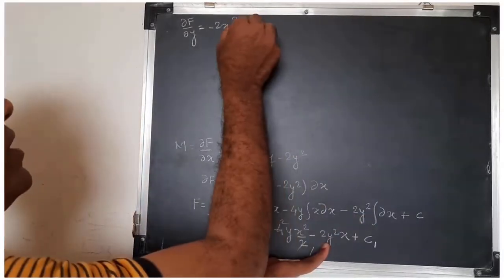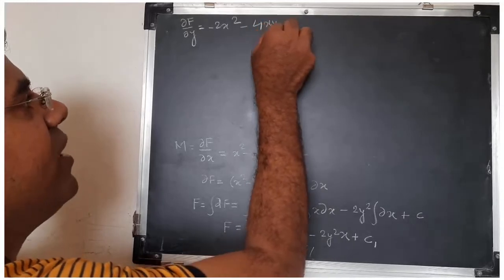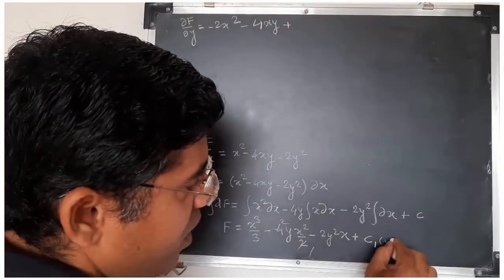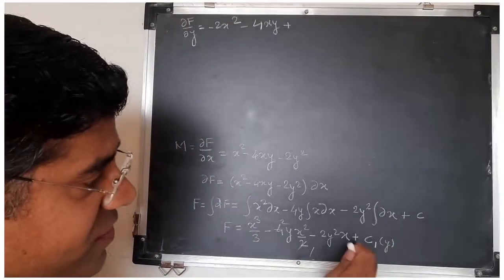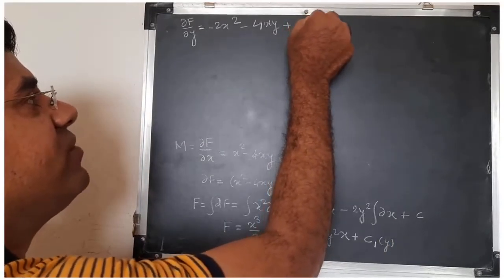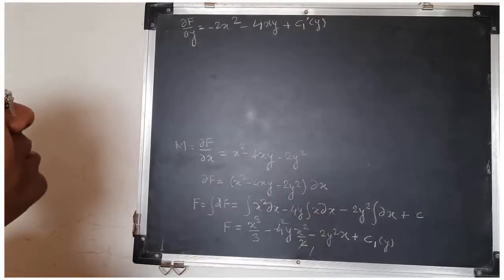Here you will get minus 2x square, here minus 4xy, plus c1 dash, because the constant c1 is a function of y only, and with partial differentiation with respect to y, that's why we have written c dash.